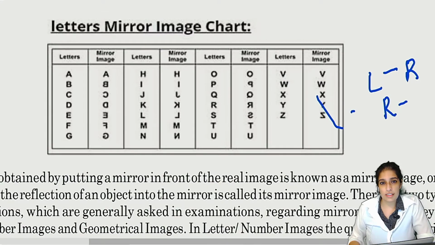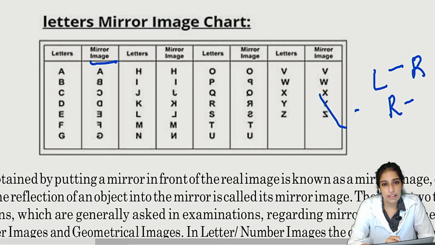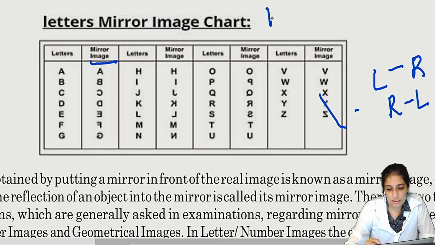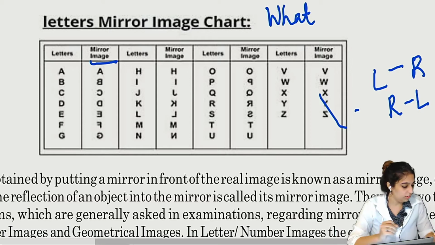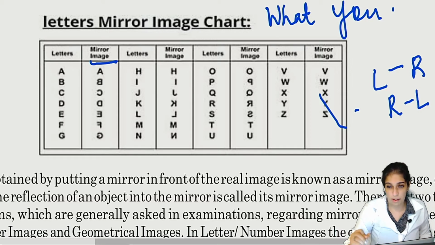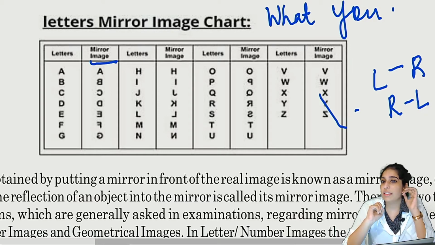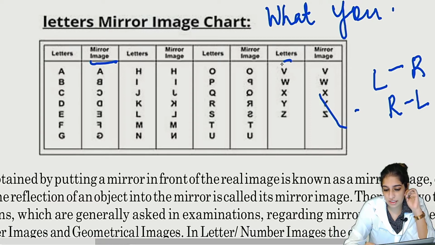Now if you see this, there are some alphabets which are not changing at all even in the mirror. Like A doesn't change, H doesn't change, O doesn't change. W doesn't change, H doesn't change, A doesn't change, T doesn't change, Y, O, U, these alphabets do not change.